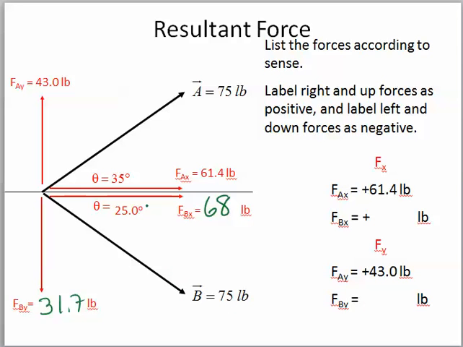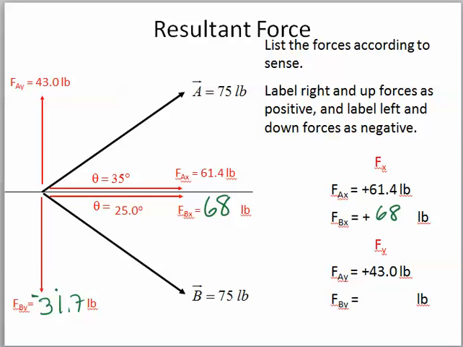So we're just using the same math because it's going to have the same resultant. Now, as I look down here, there are these two forces in the x direction, 61.4 and 68. There are two forces in the y direction. One's pulling up at 43 and the other one's pulling down at 31.7.